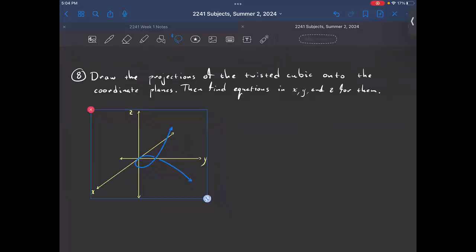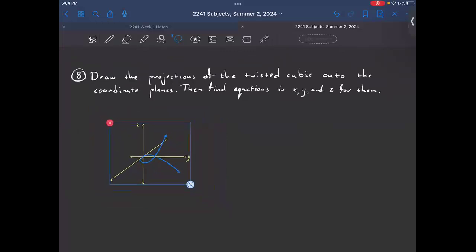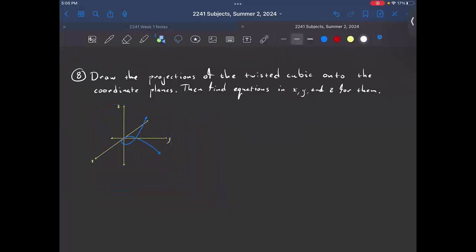Okay, so here's our copy-pasted twisted cubic. And if you remember, I actually showed you what the projection on the ZX plane looks like. I want those to be yellow. ZX.